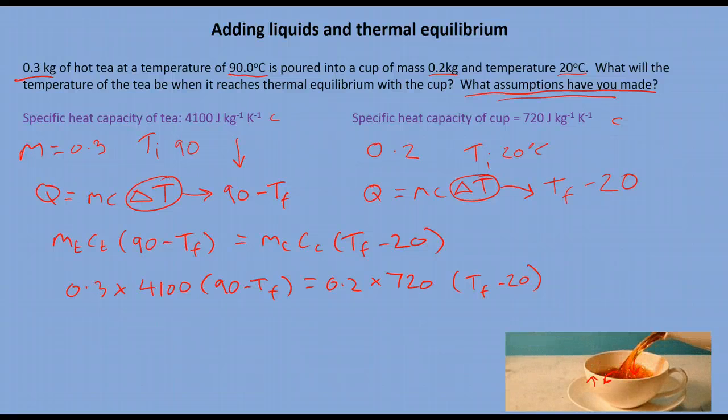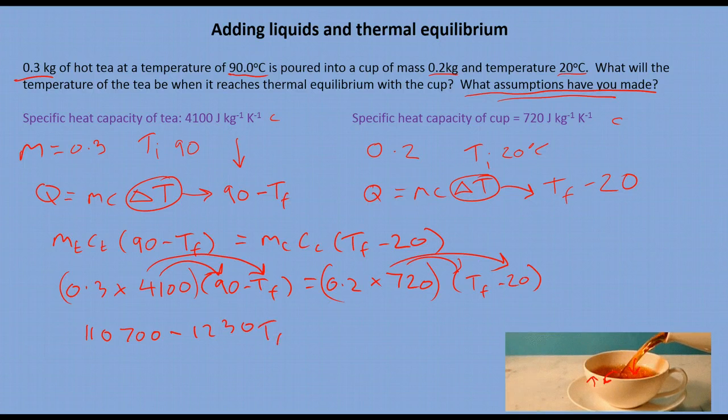If I expand everything out, multiplying these two together, then by the 90 and by the TF, and doing the same on this side, it boils down to 110,700 minus 1230 TF on this side, which is equal to 144 TF on this side minus 2880.